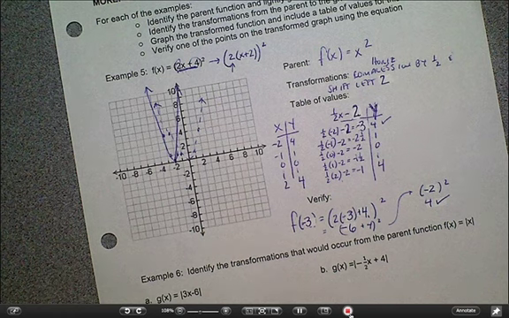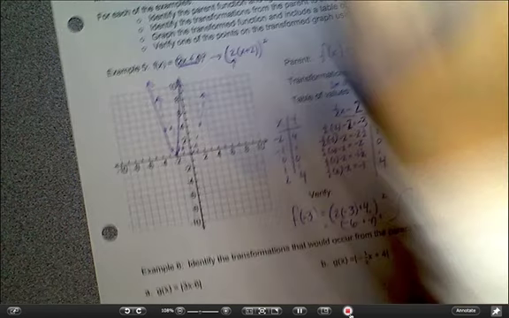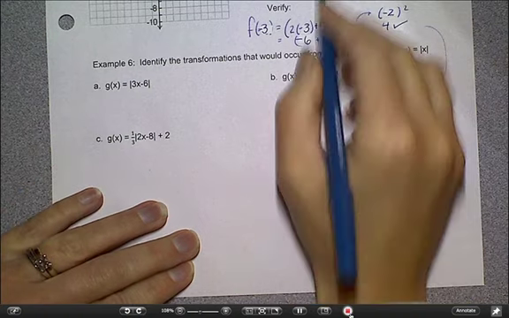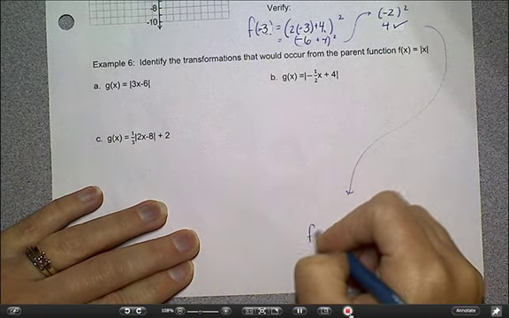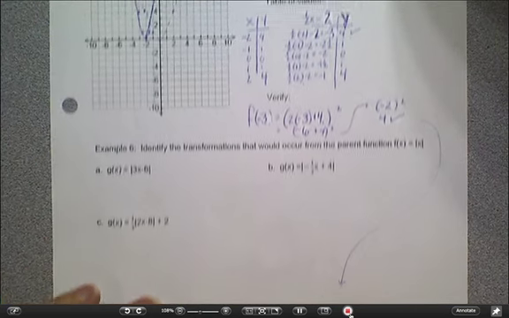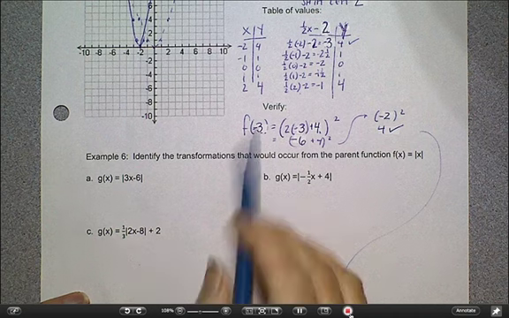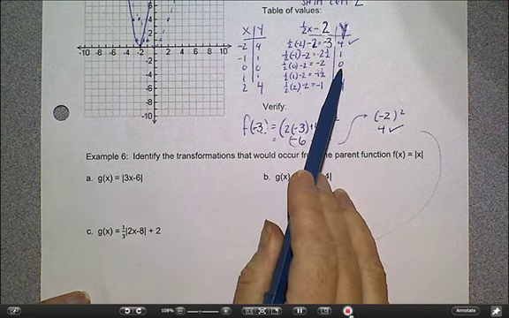Again, just to see another point verified, I'm going to come down here just to show another verification here. So I'm going to pick another point that we're saying should be on this function. So like -2. So going back up to that table of values, I said that -2 should have an output at 0. Again, that's just going from right here. So if my transformations are correct, -2 should have an output of 0.